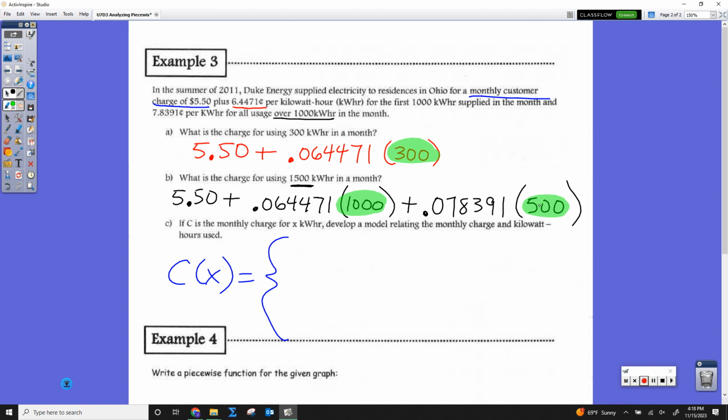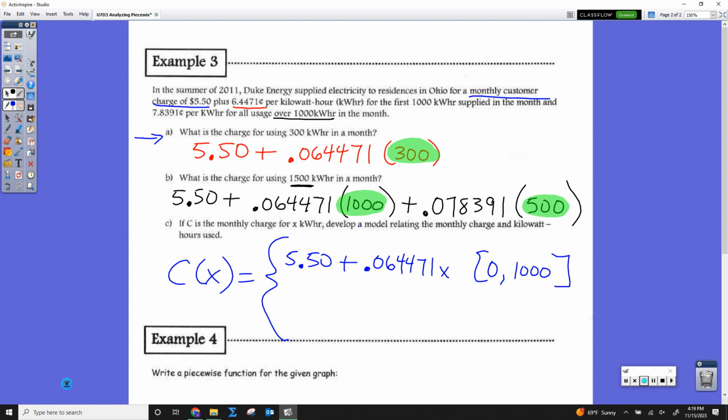Our first piece is for 0 to 1,000, like example A: $5.50 plus 0.064471 times X, where X is how many kilowatt hours. That's if we have anywhere from 0 to 1,000 kilowatt hours.